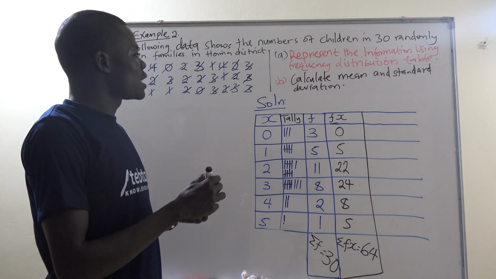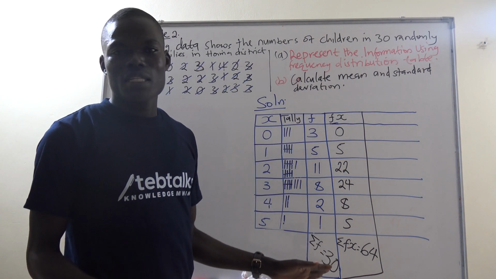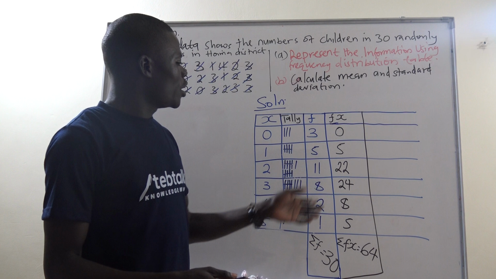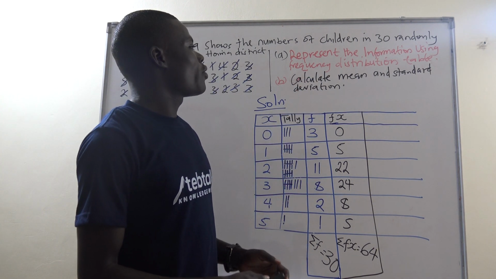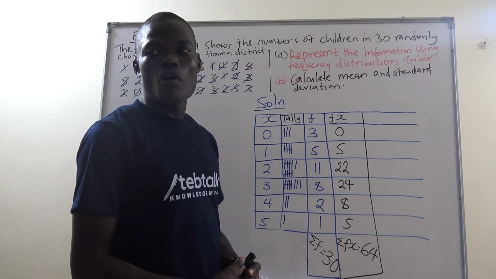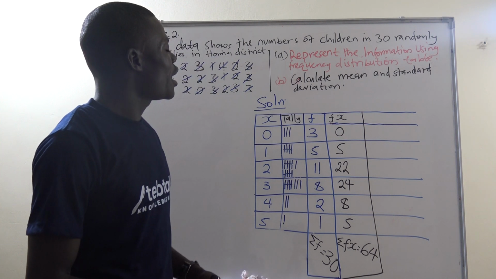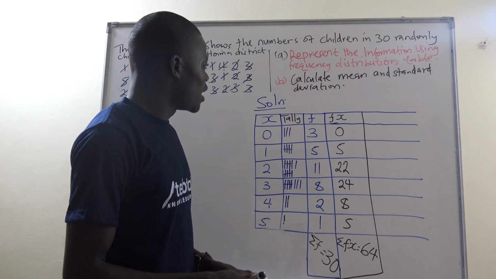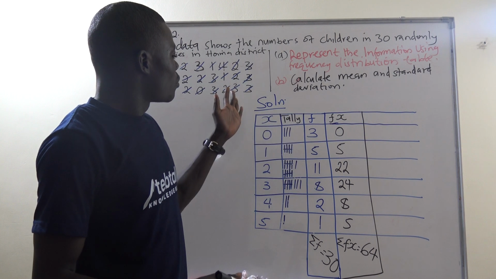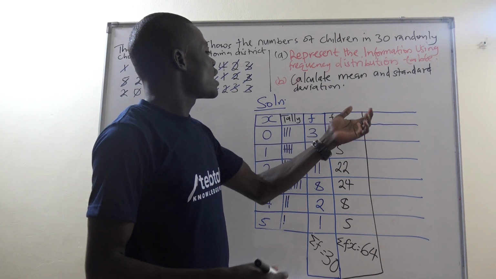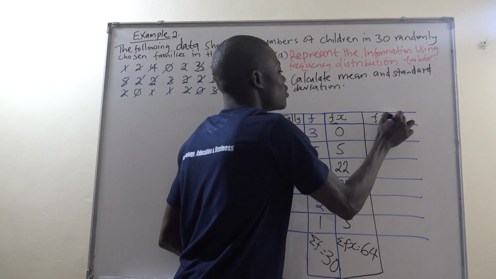Then what are we missing? Now here mean is covered. What we are missing is standard deviation. What do we need? We need what we call summation of fx squared. Sometimes you may just put it direct as fx squared.